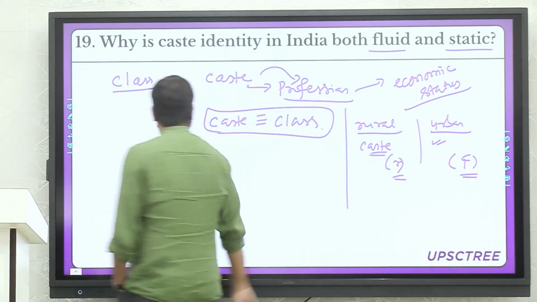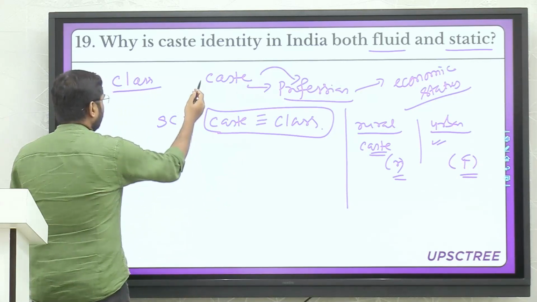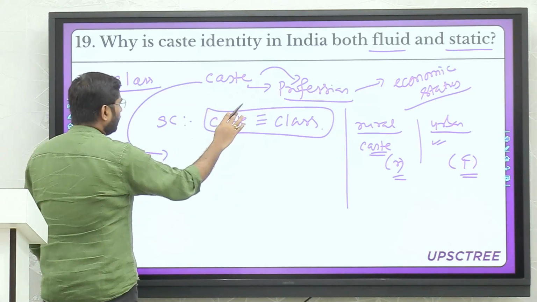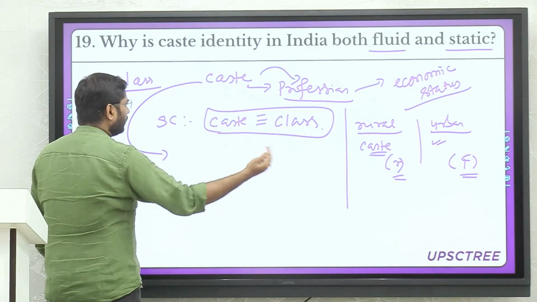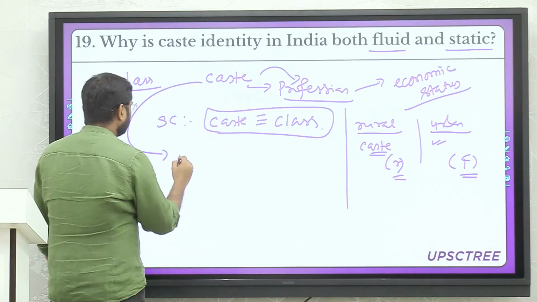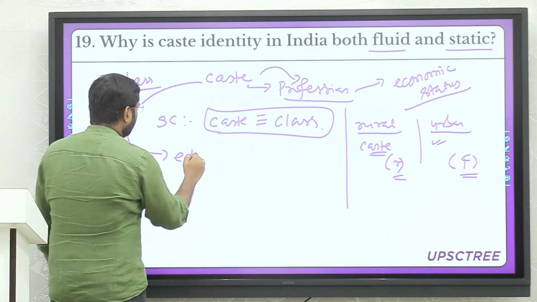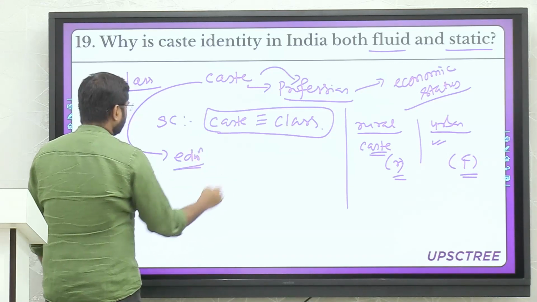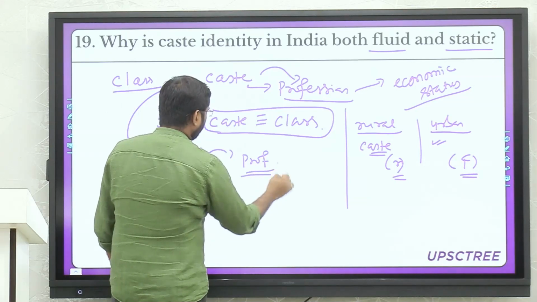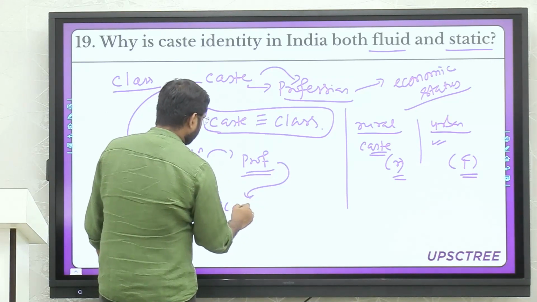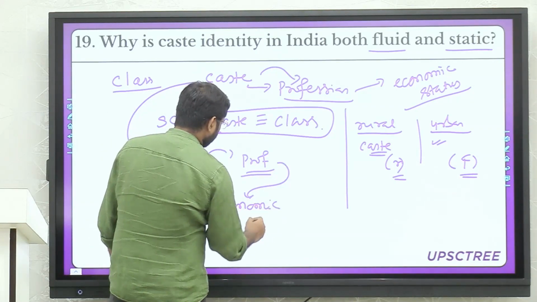One aspect. Second aspect, a person belonging to a caste is not taking up the caste-related profession. Most of the time we are seeing they are going for different professions based upon their education. So if they have access to education, that is changing their profession. When the profession has changed, it is obviously changing your economic status.